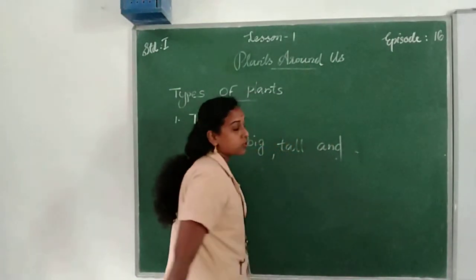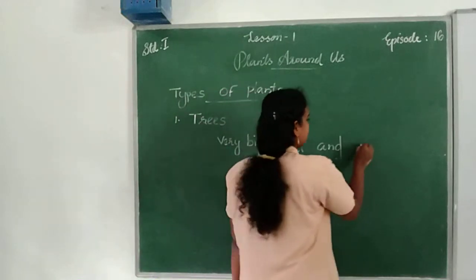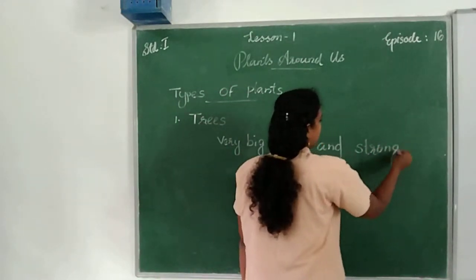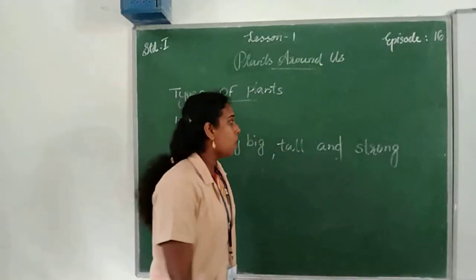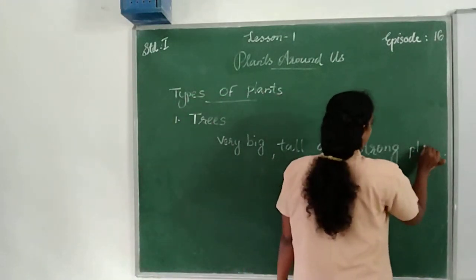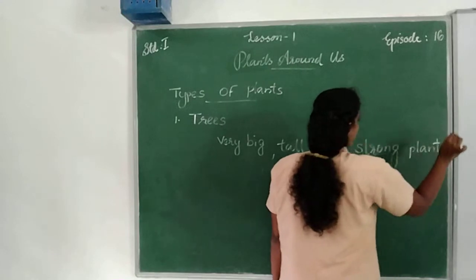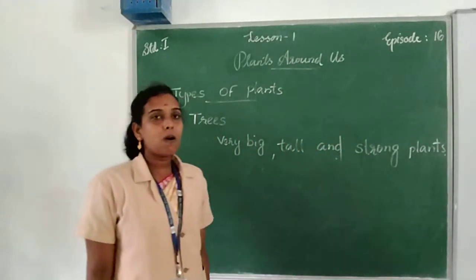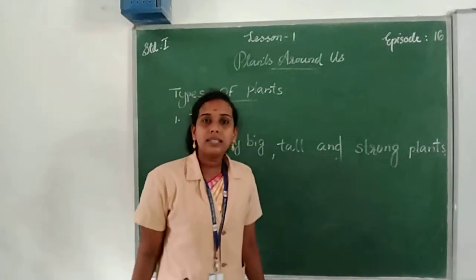What is the spelling of strong? S-T-R-O-N-G, strong plants, P-L-A-N-T-S, strong plants. Very big, tall and strong plants are called trees.